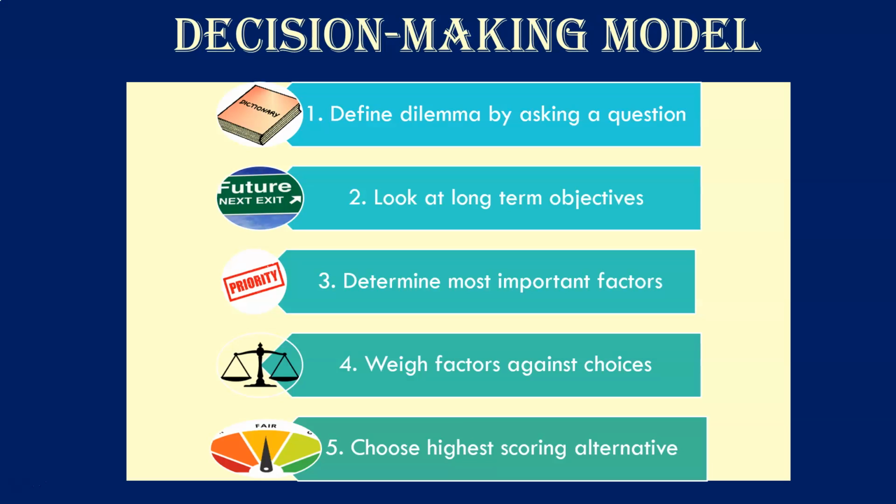So now I'm going to choose my highest scoring alternative. I can still see them and spend time with them online and not risk getting sick or getting them sick. Therefore, I'm going to choose to stay at home and just continue talking to them through FaceTime.